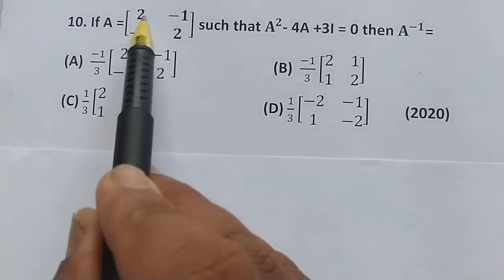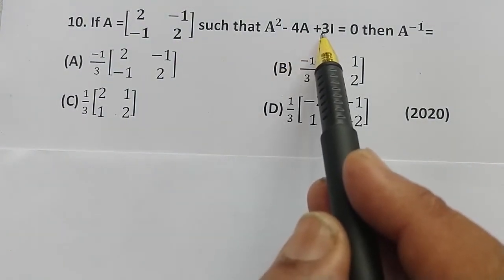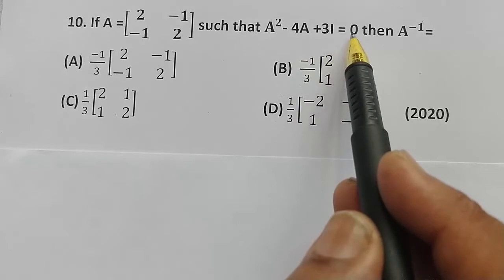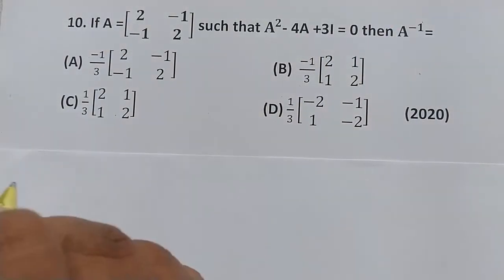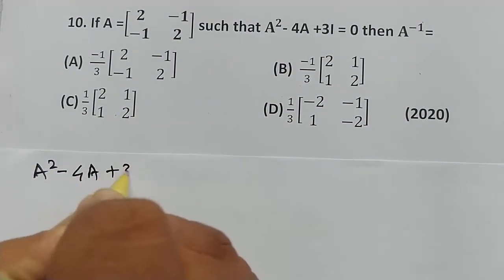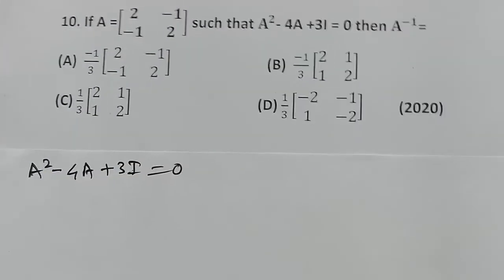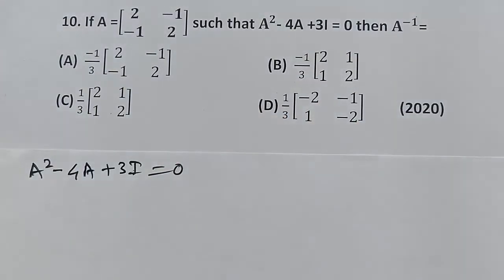Number 10. If A is a matrix such that A square minus 4A plus 3I, I is identity matrix, is equal to 0, then A inverse. The given matrix equation is A square minus 4A plus 3I is equal to 0. We pre-multiply A inverse on both sides.